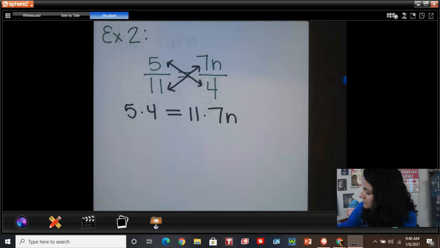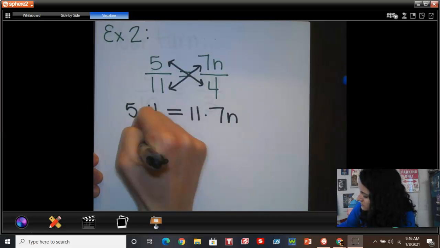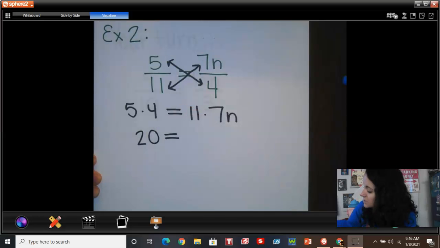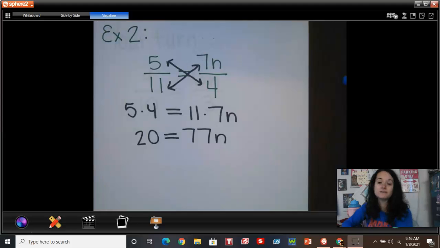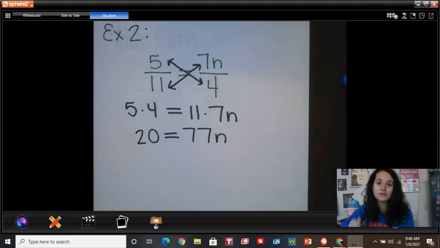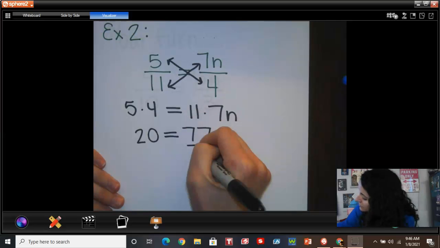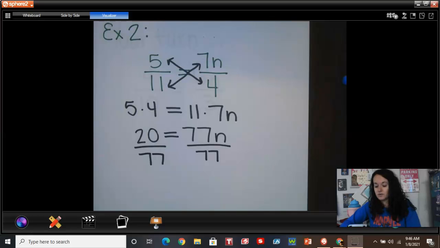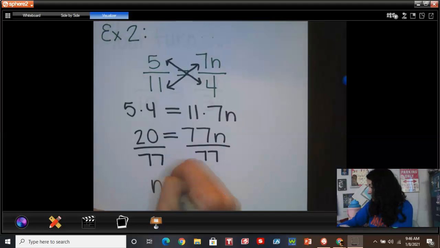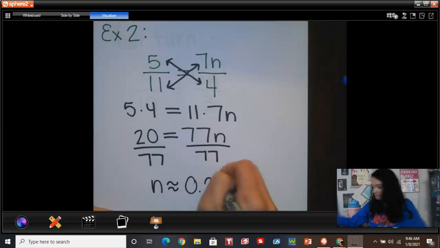So 5 times 4 is 20. 11 times 7n is 77n. Okay, and again, just like before, if we want to get the variable by itself and something's written right next to it, we divide by whatever is right next to it. Yes, you'll get a lot of decimals on your test, so just be prepared. So n is about 0.26.